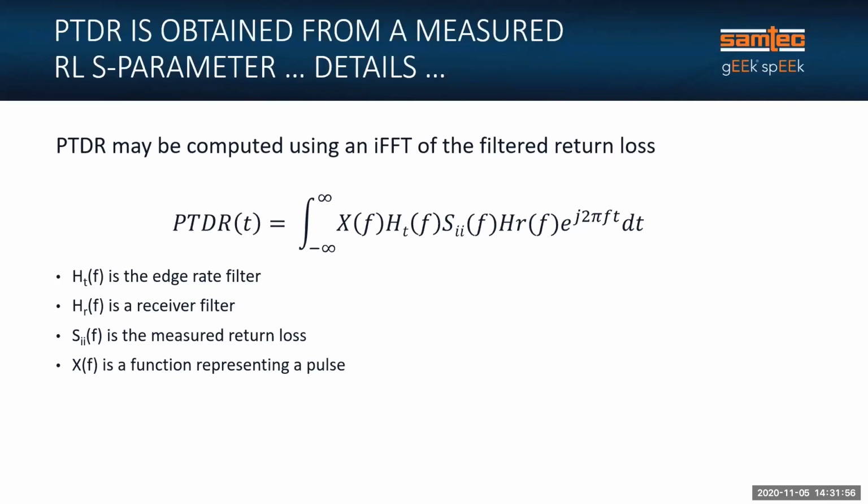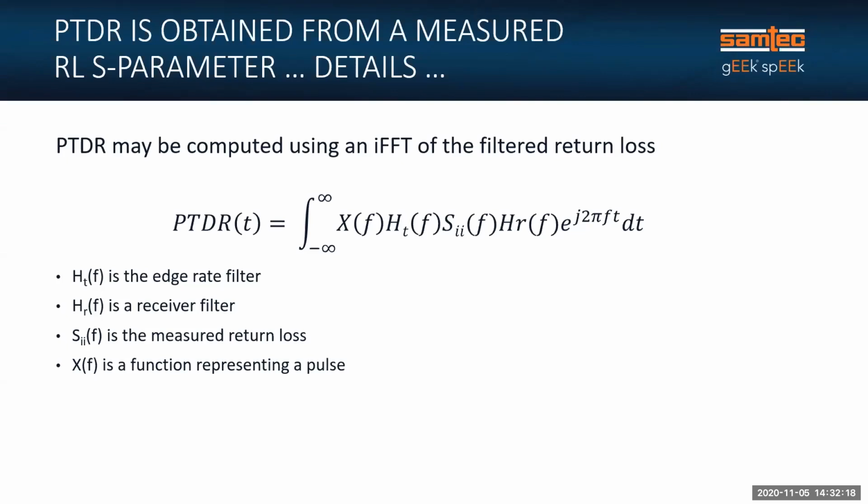Okay, this is just an IFFT of a return loss. And I'm missing a subscript, that H_R should be H sub R. And it's composed of an edge rate filter. Like when you do a TDR, people go, well, what's your rise time? Well, it's actually an edge rate filter. Rise times are equivalent to an edge rate filter.